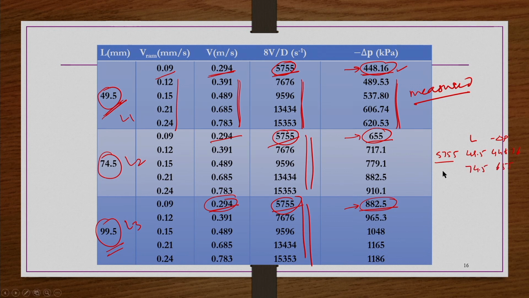Then again the same shear rate of 5755, but L is 99.5, the measured pressure drop is 882.5 kilopascal. Like that, this is the tabulation: this is 8 V by D, this is L, this is minus delta P. Similarly, for the other 8 V by D values, 7676 and so on, you have to do the same.